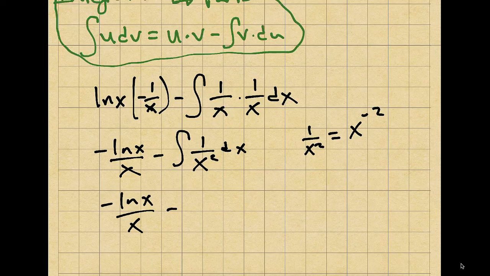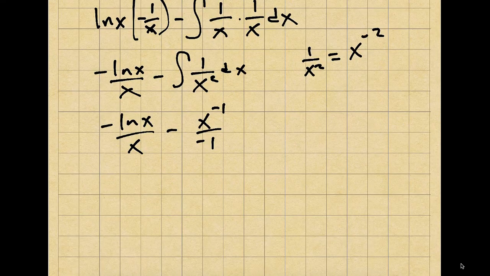So we would have that same value of x to the negative 1 over negative 1. And in the end, we have the negative natural log of x over x plus 1 over x.